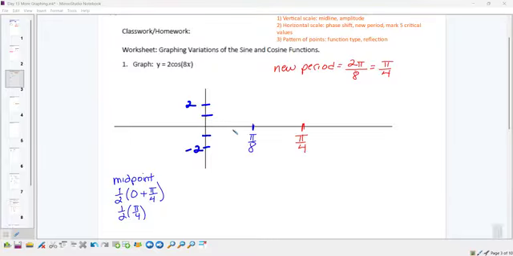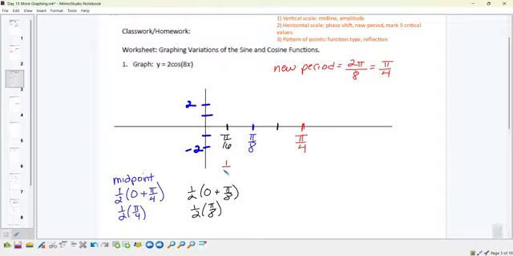Okay, we need another midpoint. So now I need halfway between 0 and pi over 8. So that's half of pi over 8, which is pi over 16. And then we have one more halfway. Now you could calculate the midpoint this way, or I'm going to count it.